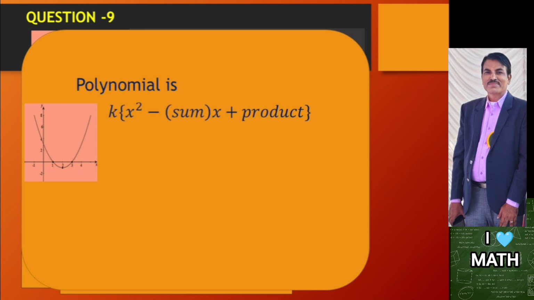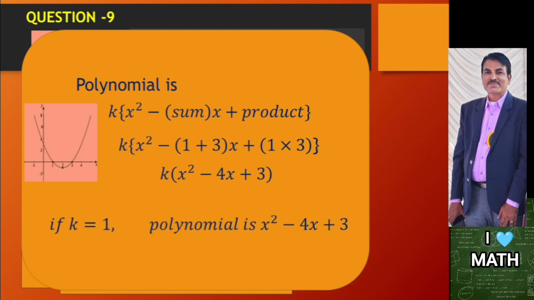So the sum of the zeros means 1 plus 3 and the product of the zeros means 1 into 3. We can multiply and simplify to get k times x square minus 4x plus 3. If k equal to 1, we get the polynomial x square minus 4x plus 3. So the correct answer is bit number D.